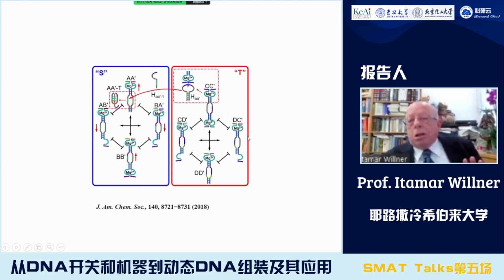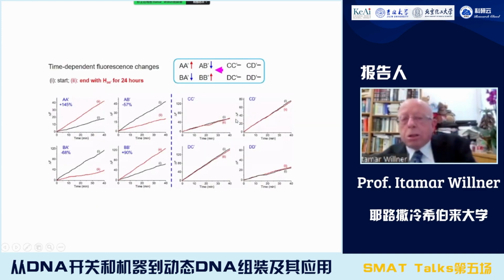But in network T, nothing is expected to happen. This is exactly what you see. AA prime and BB prime are upregulated by about 140 and 90%. The other two constituents are downregulated, but the network on the right side is not affected.